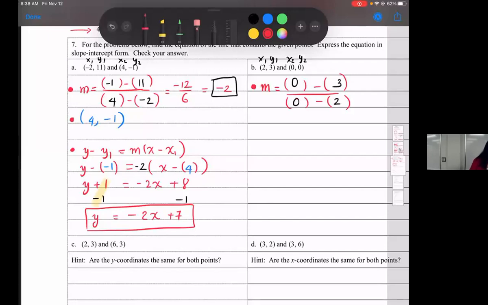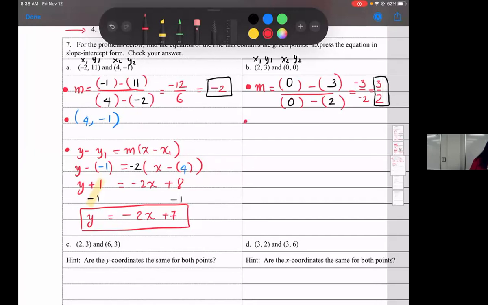So that'll be equal to -3 over -2, which is 3/2. And the second bullet point is pick a point.